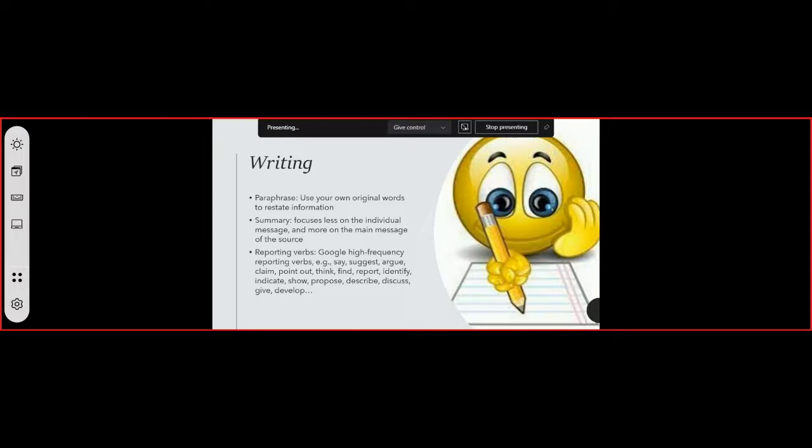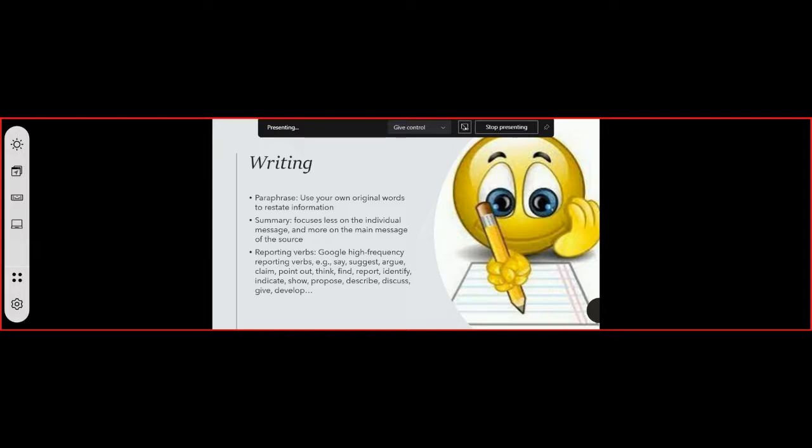So if you have gone through the source and made a summary, think about what is the main message that this research brought about and how it is relevant in your literature review and how you will be using it in your literature review.